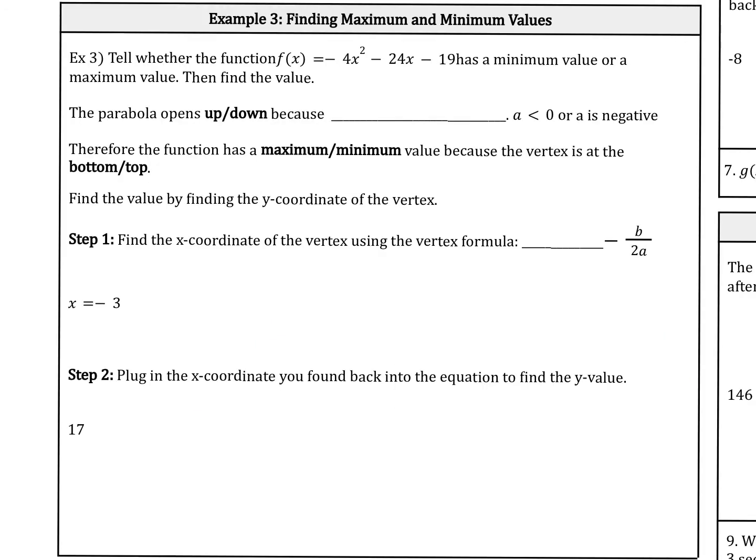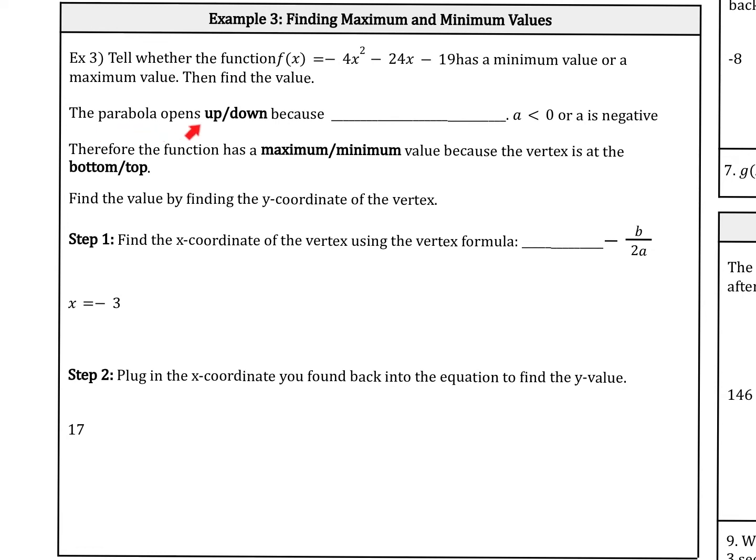Next, we are going to discuss example number 3, where you're going to find the minimum or maximum value. Example number 3: tell whether the function f(x) equals negative 4x squared minus 24x minus 19 has a minimum value or a maximum value. Then find the actual value. To find the actual value, we need the vertex. But first of all, we want to see if we have a minimum value or a maximum value.